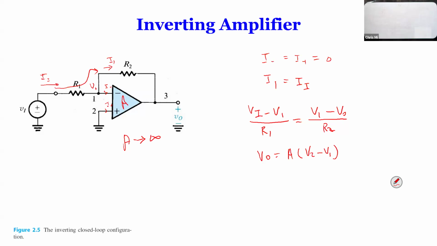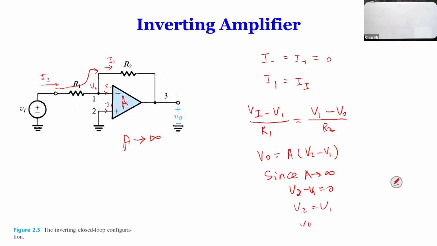Now, since A is infinity, and we know that VO has to be some sort of value, let's assume V1 has a fixed value. But A is infinity, which means V2 minus V1 has to be 0. Okay, that's important. Since A approaches infinity, V2 minus V1 equals 0, which means V1 must be equal to V2.